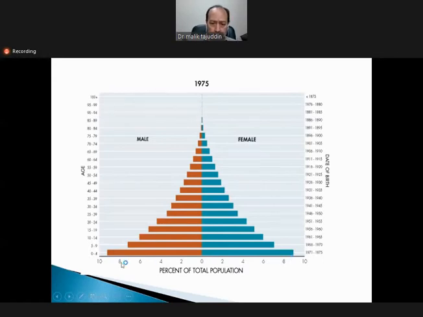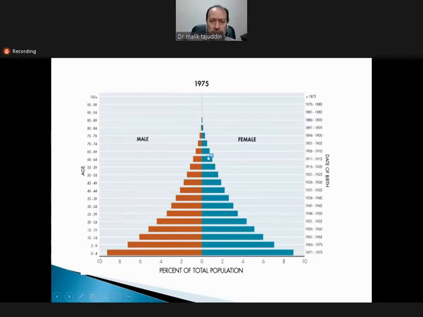And then you can see that the sex contribution is almost the same, 50% females and 50% males on both sides, except in the older age groups where there are more females as compared to males, indicating the life expectancy of females is slightly more.